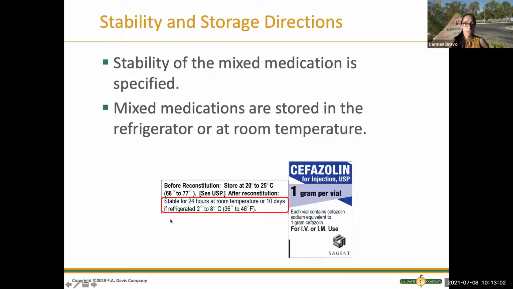And you'll see that there are different temperatures. For example, here, before you reconstitute it, you need to keep it at these temperatures. And after you reconstitute it, it's only good for 24 hours, stable for 24 hours at room temperature, or 10 days if refrigerated.